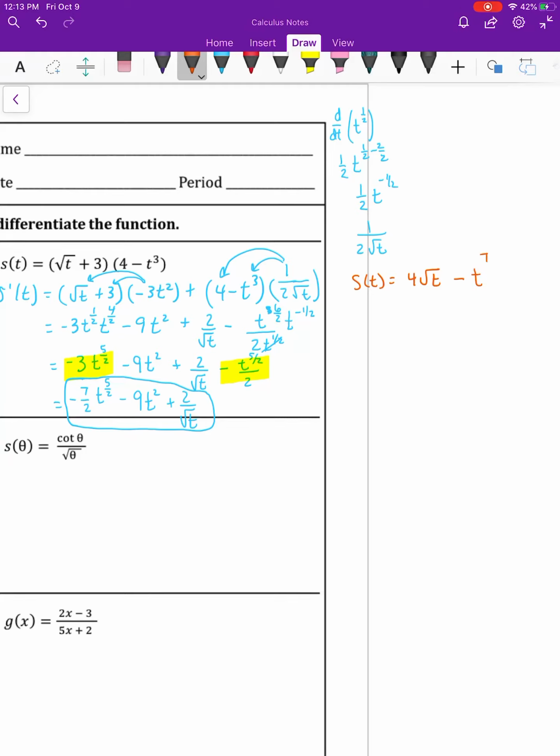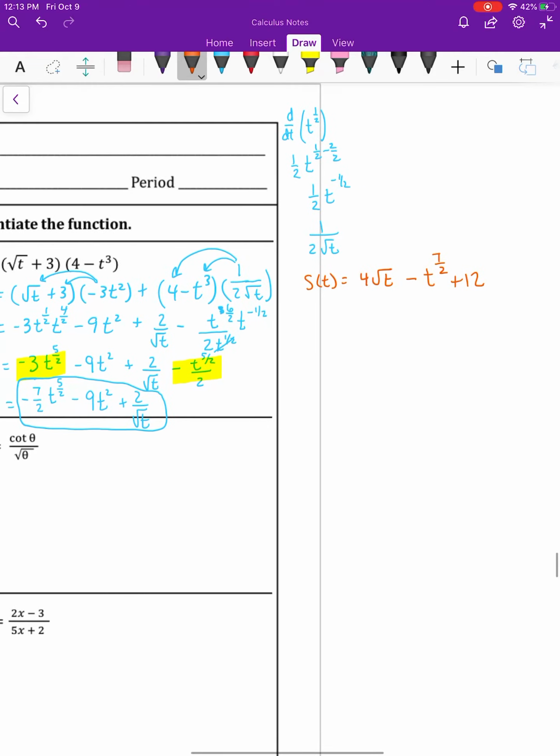So that would be t to the 7/2 plus 12 minus 3t cubed. And the only thing I didn't do is I should have written this as 4t to the 1/2. Because if I would have done that, I wouldn't have had to rewrite this again. So I could have erased it and done that, but now we can find our s prime.